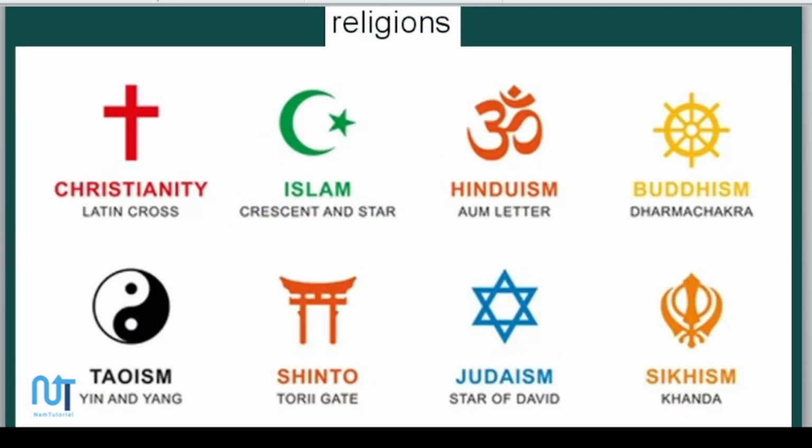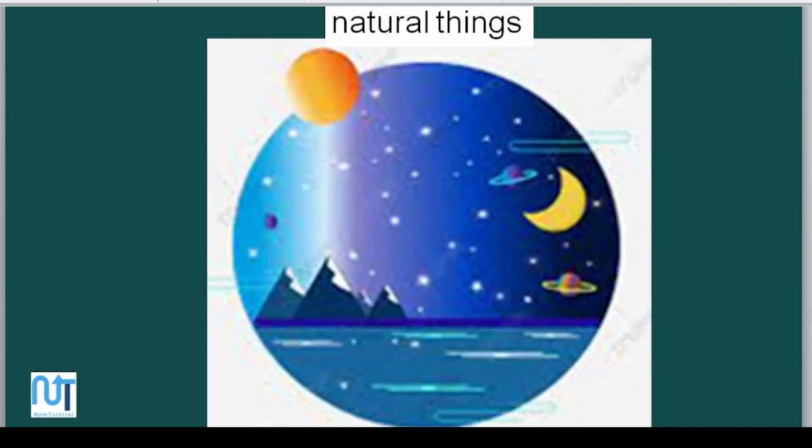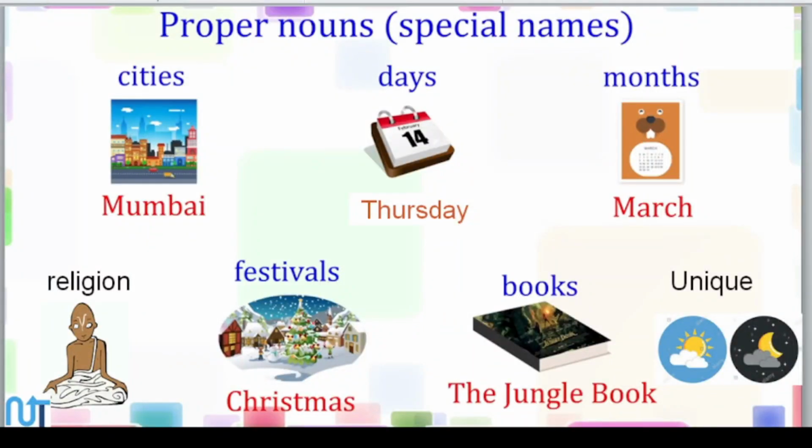Names of all the religions: Hinduism, Buddhism, Christianity, Sikhism, and all the natural unique things in the world, like the sun. We have only one sun in our universe. The sun, moon, these unique things. All these are special names, right?